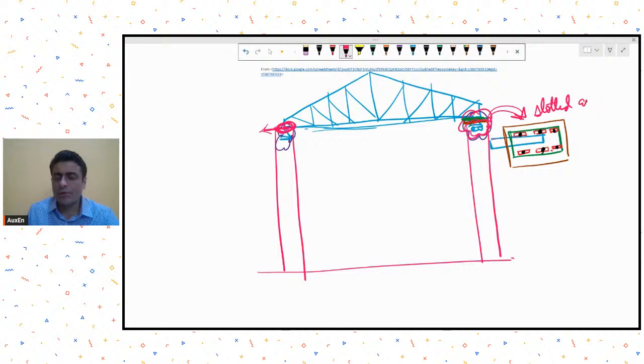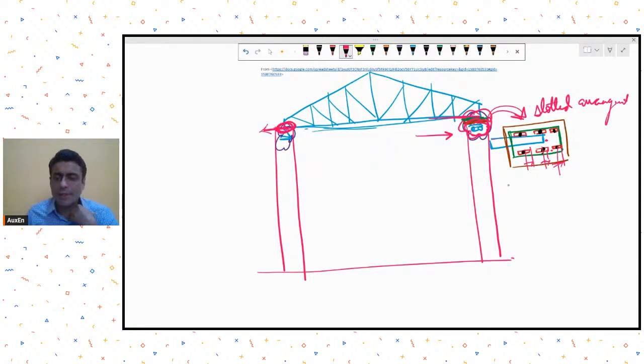In this slotted hole, any lateral thrust, if this truss wants to move because of this lateral thrust, and because we are assuming it as roller, there will be enough pathway provided to this plate so as to move it in the lateral direction. Understood? So this is called a slotted hole assembly.